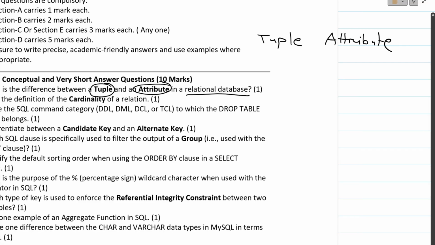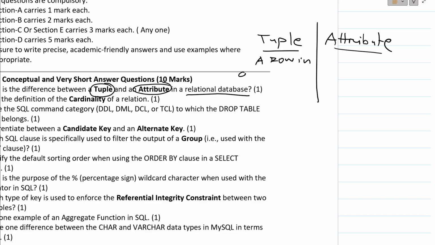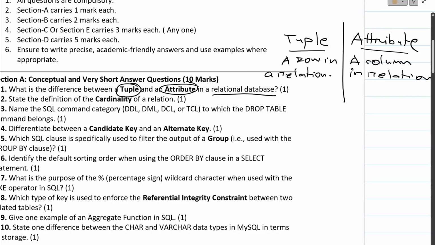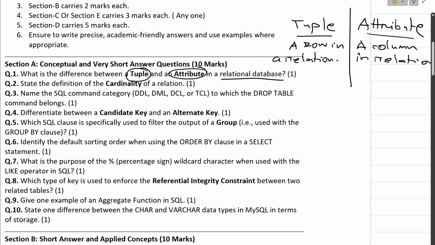As here we are talking about relational database, your answer should be: a row in a relation is said to be a tuple, and a column in a relation is said to be an attribute. You can write this for only 1 mark, as only 1 mark is rewarded to this particular question.